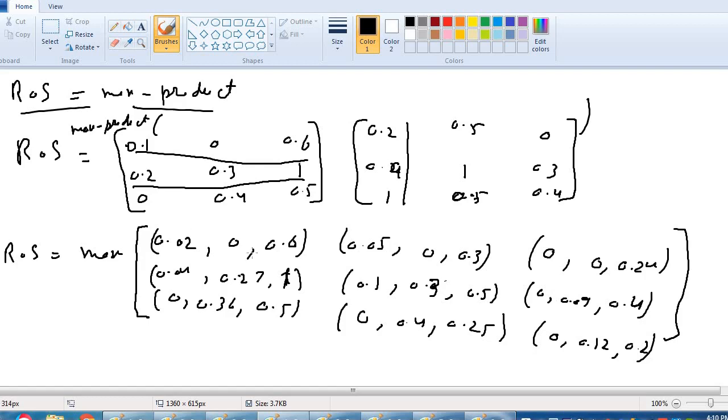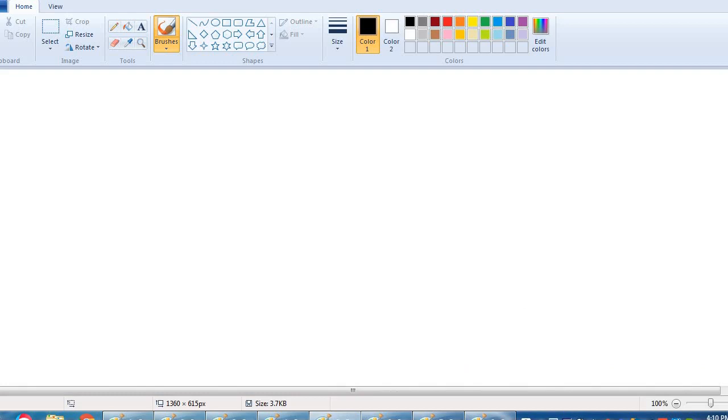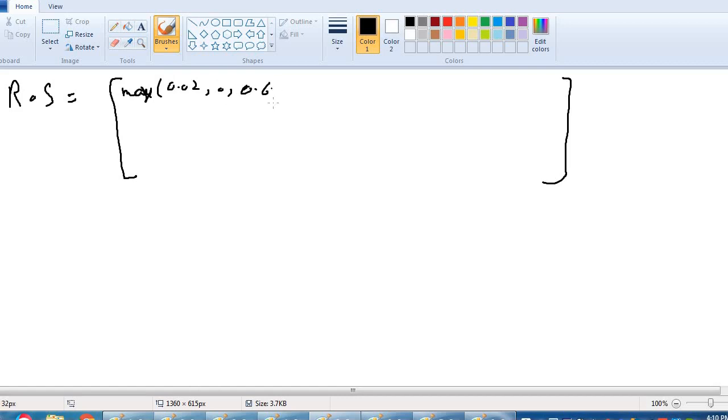Now we apply max inside. If we apply max, we get R circle S is equal to this matrix. We will apply the max function on it, and max will be the maximum value of 0.02, 0, 0.6.